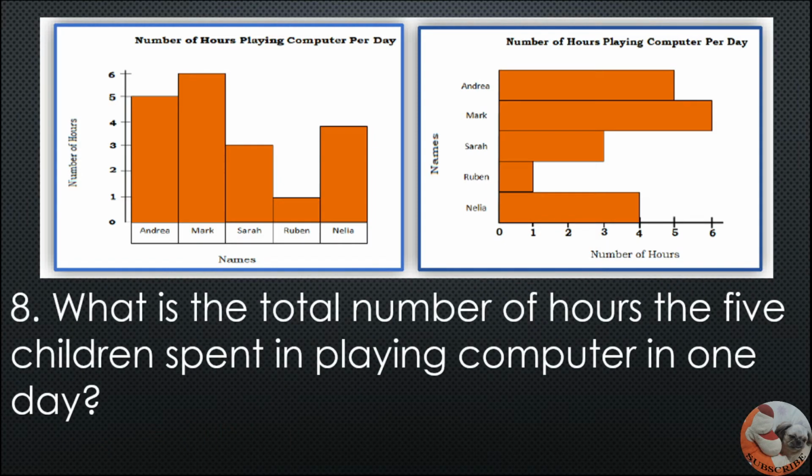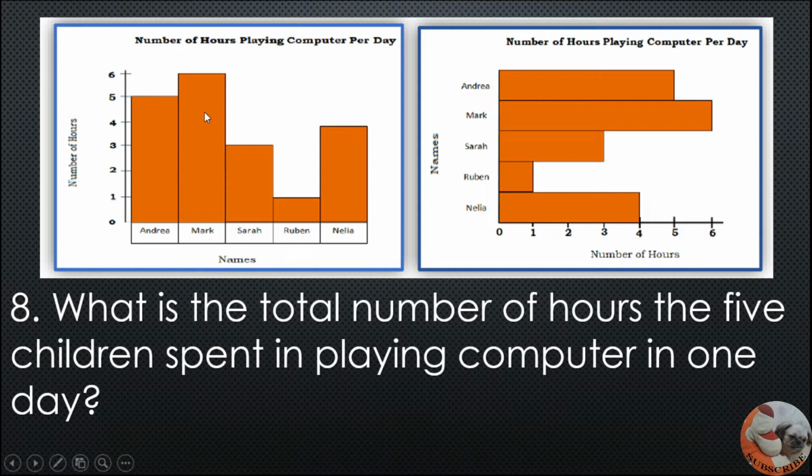Number 8. What is the total number of hours the 5 children spent in playing computer in 1 day? What will you do? You will add all the playing hours of the 5 children. Andrea spent 5 hours in playing computer.